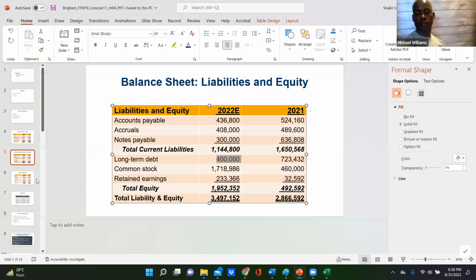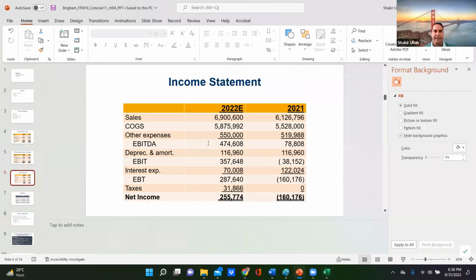Now, let's move on to the next slide to talk about the income statement. As I said earlier, the income statement is a statement where we write down the revenues and expenses, and we simply remove the expenses from the revenue in order to get the net income value.